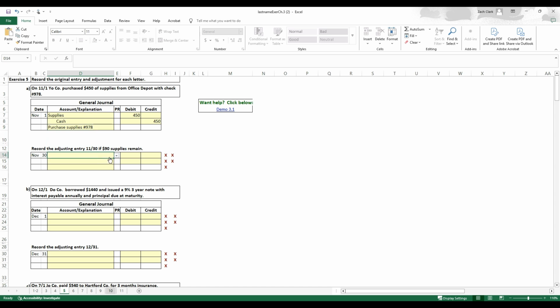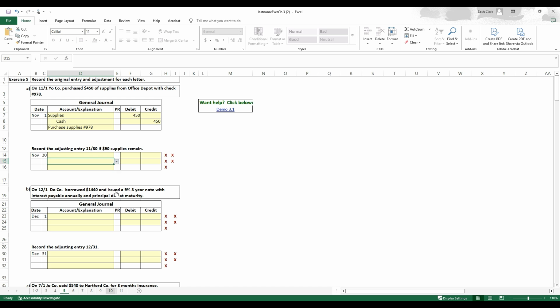So, okay, now record the adjusting entry if $90 of supplies remain at the end of November. So the end of the month, essentially. So we bought $450 of supplies at the beginning. Now we go look and do an inventory count. We say, oh, there's only $90 left. So step one, let's do the adjustment.